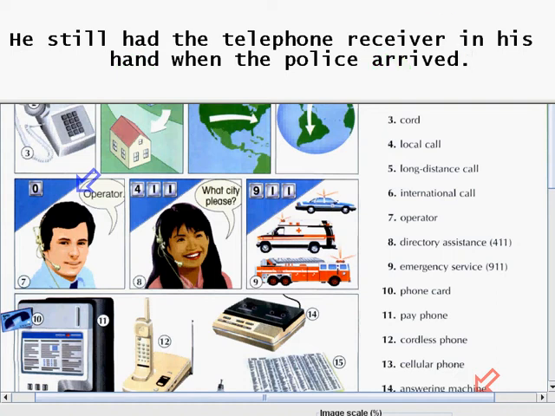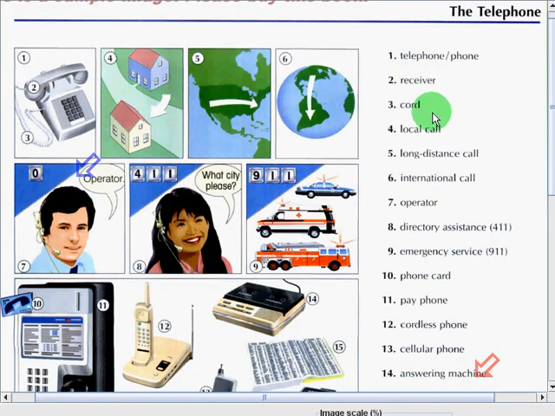Perfect. Now we go to number 3. Cord. Other term for word cord is cable or wire. This one is what you call cord. Cord is a covered wire used to supply power. For example, electricity, right?